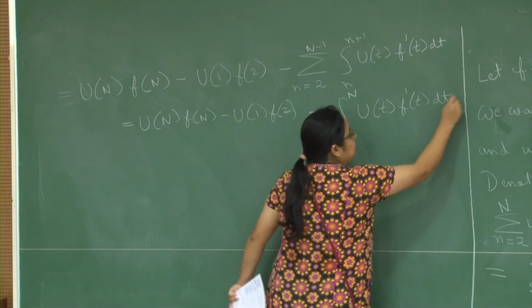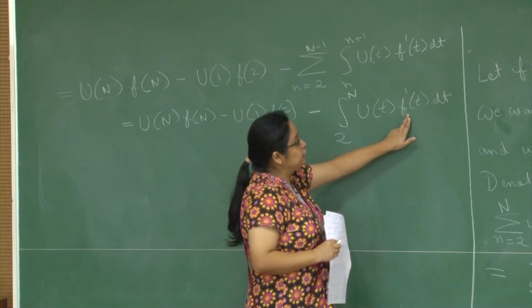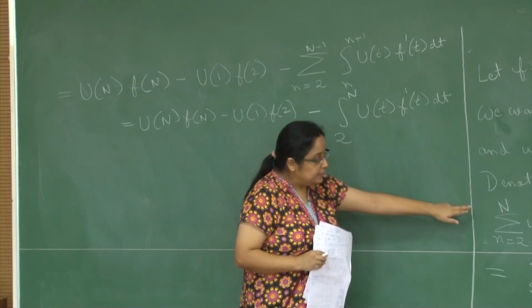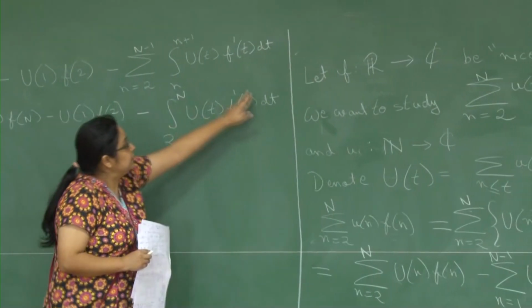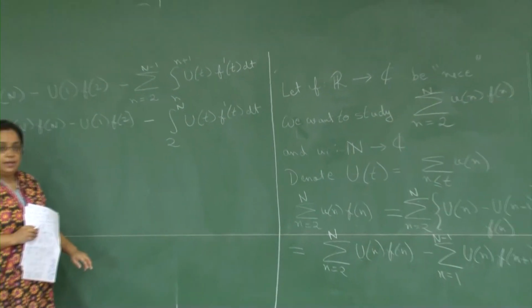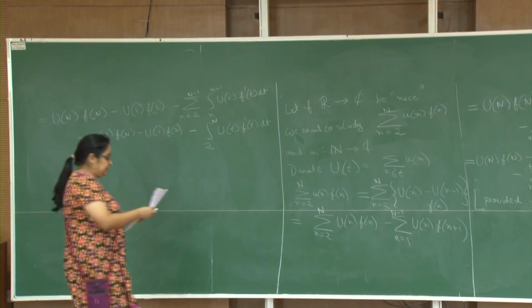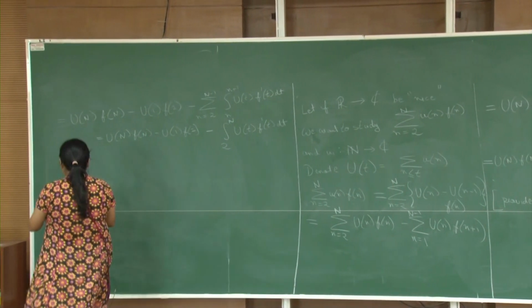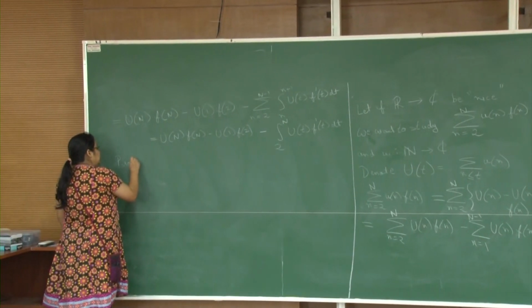So, again we are using the analytic property of your function f to convert a weighted sum into basically an integral. And this trick can be generalized in the following way, and this is what is called Abel's partial summation formula.